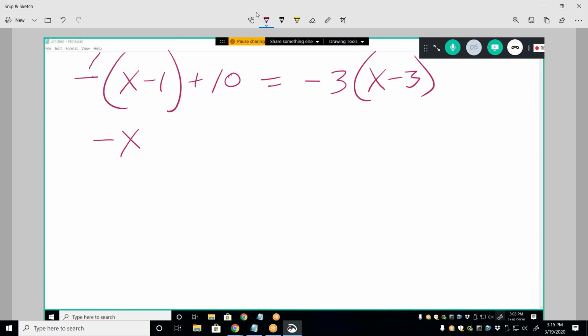Okay, this negative sign has to be applied to that term, and it also has to be applied to that term. So the second term is plus 1. Because a negative applied to a negative, meaning multiplied, becomes a positive. Okay, good. Same thing on the right.